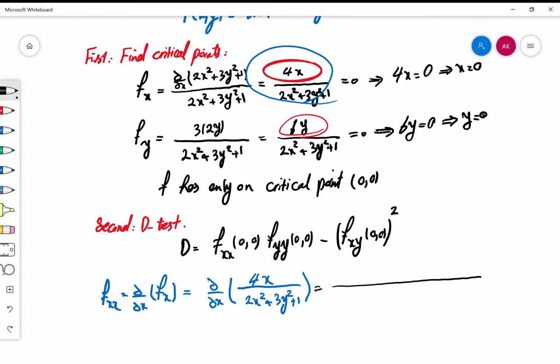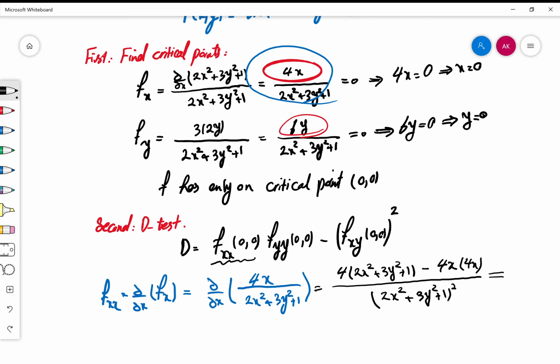The derivative of the numerator with respect to x is 4, times 2x² + 3y² + 1, minus the numerator 4x times the derivative of the denominator, which is 4x, and then the denominator squared.